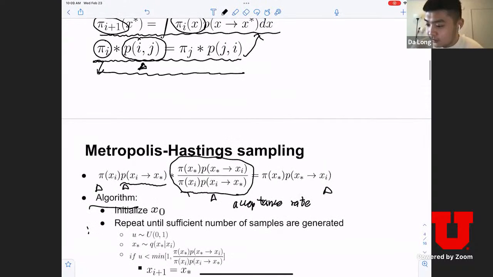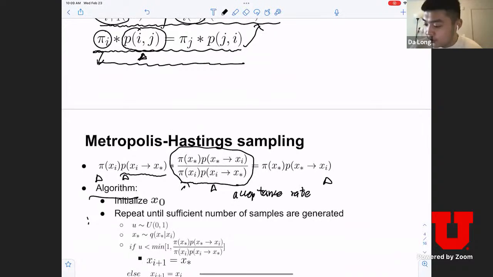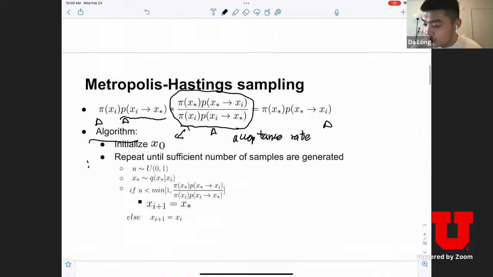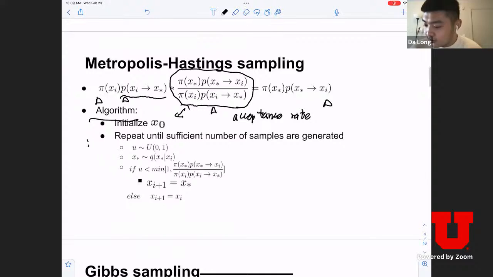That's why you have to add an acceptance test. If you multiply the acceptance rate with the initial proposal distribution, the whole thing serves as the transition kernel, the way you actually generate the proposal. Then it satisfies detailed balance.